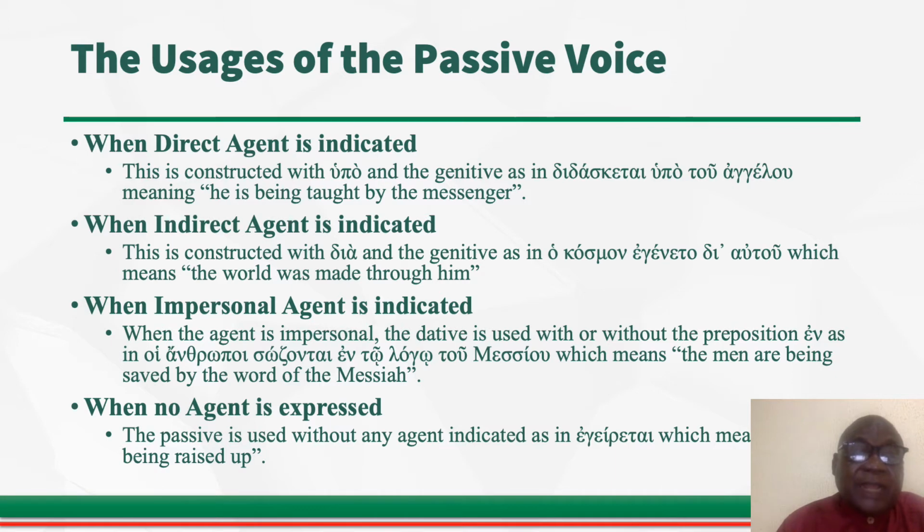And finally, there are cases when an agent will not be expressed. For example, egeiretai is one word and it means he is being raised up. No agent is mentioned.